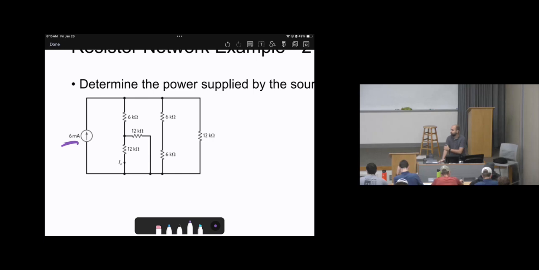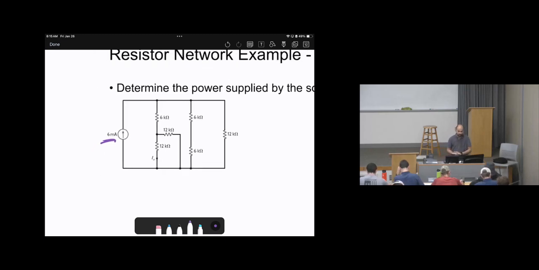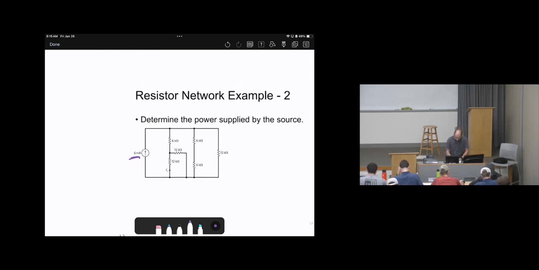Now we need to determine the voltage polarities in order to determine if it is supplying or absorbing. Because remember that it is supplying or absorbing depending on the current direction and the voltage polarities. Recall, if the voltage and the current go this way, then it is supplying.